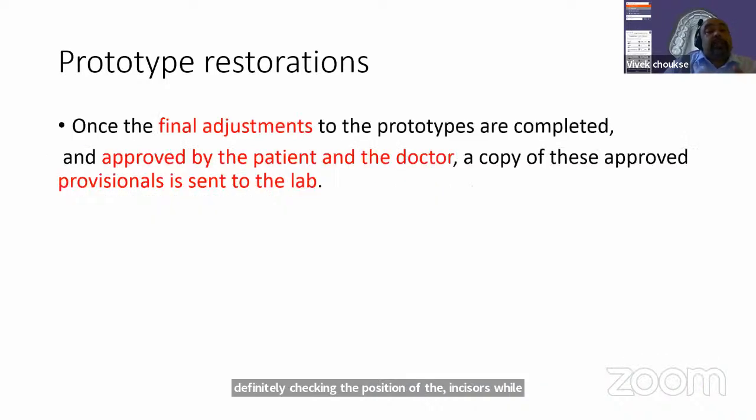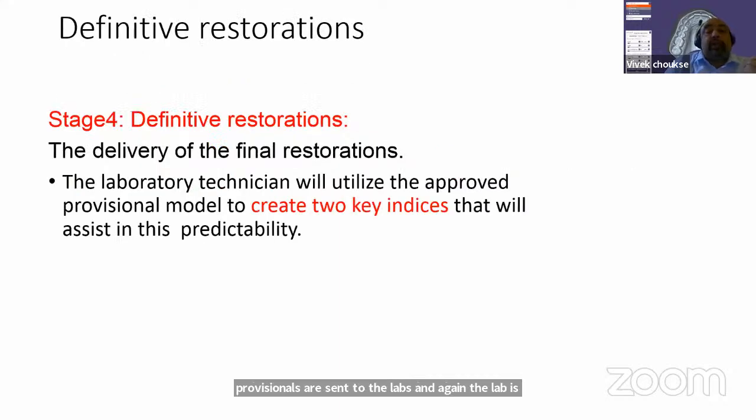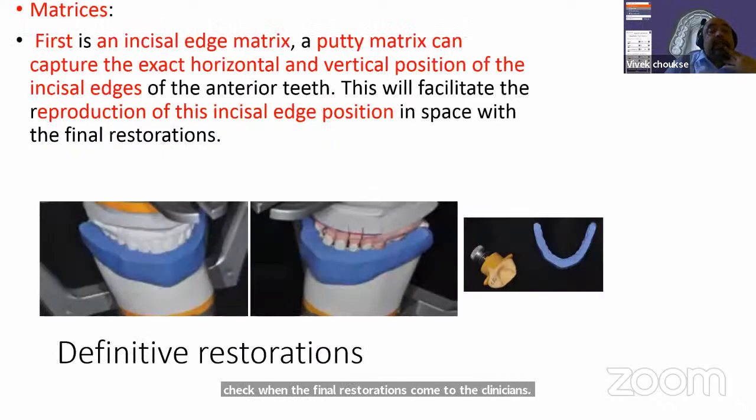Once the final adjustments are made and the patient and doctor approve these prototype restorations, this set of provisionals is sent to the labs, and again the lab is asked to go for the definitive restorations. These labs give two key indices to the clinician to check when the final restorations come to the clinician.